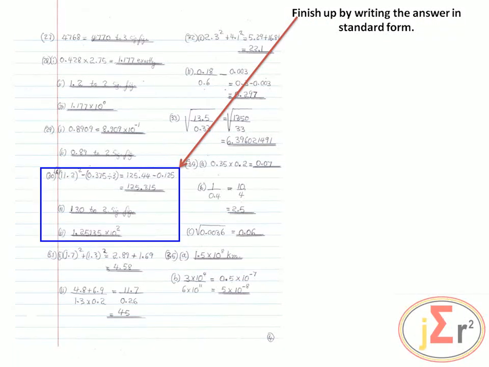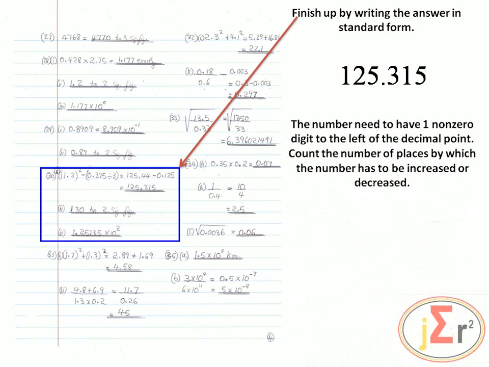Finish up by writing the answer in standard form. The number needs to have one non-zero digit to the left of the decimal point. Count the number of places by which a number has to be increased or decreased in order for that to happen.